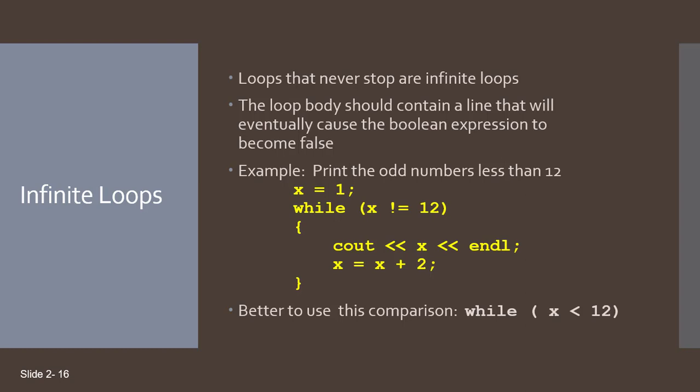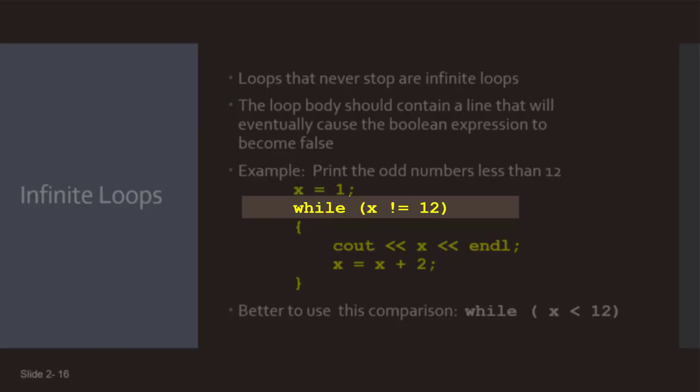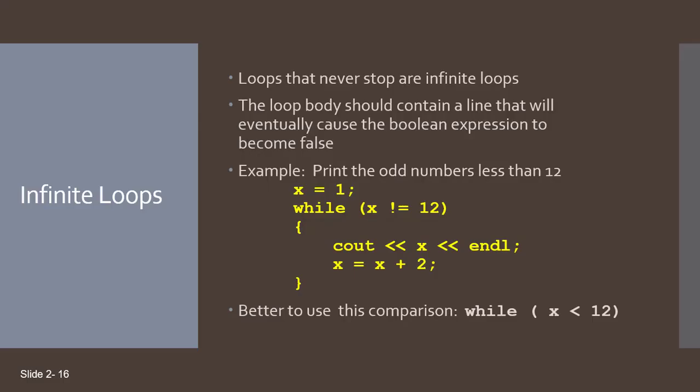So we'll start with x being set to 1, and as long as it's not 12, we'll let this loop keep running. So x is set to 1. 1 is not equal to 12, so we get to go in, and then we print out x. It prints out 1. Now we add 2 to x. X is now 3. Back around to the top.